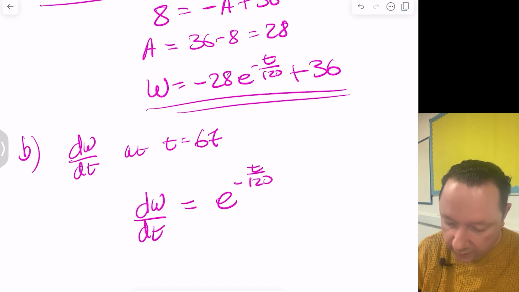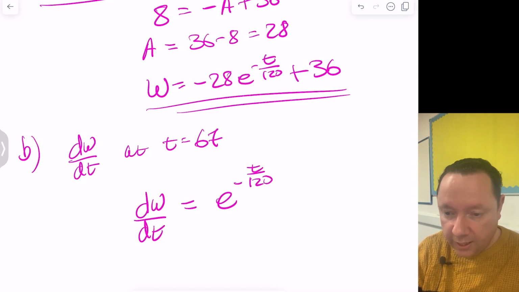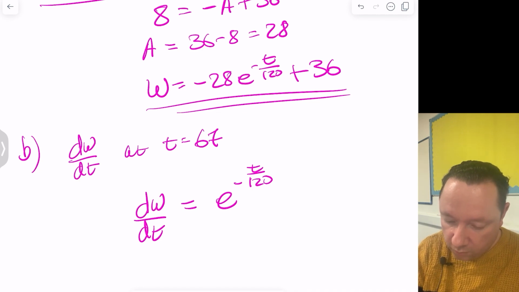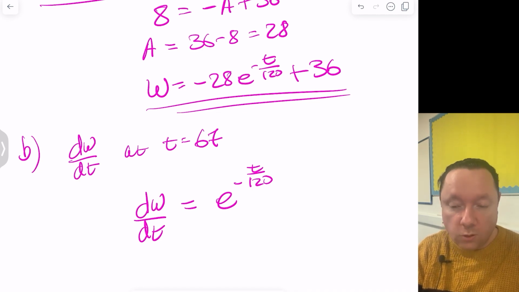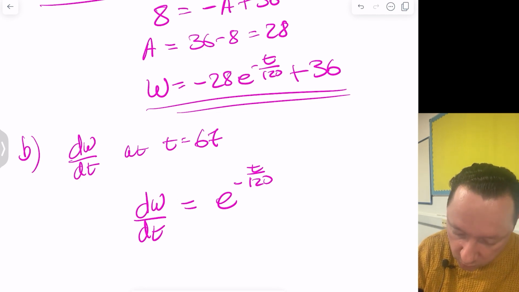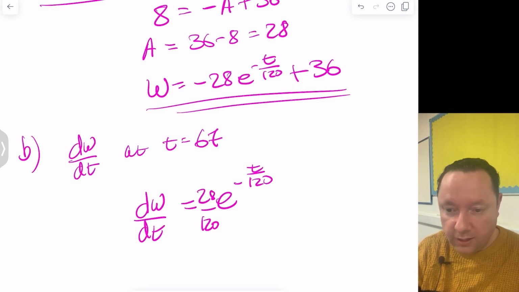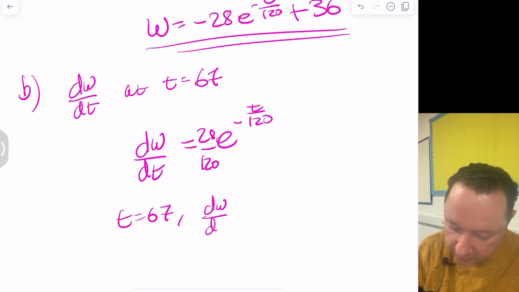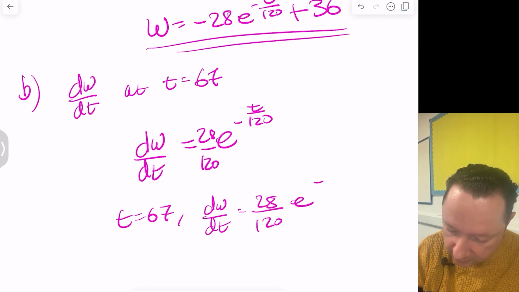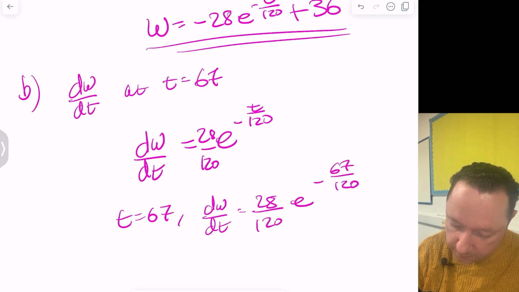We've got minus 28, but that's going to be times by the derivative of minus t over 120, which is just minus 1 over 120. So you'll get 28 over 120. And then you've still got plus 36, but that's gone. So at t equal to 67, dw by dt is 28 over 120 e to the minus 67 over 120.